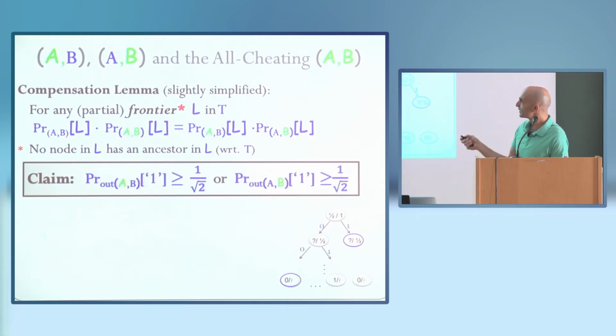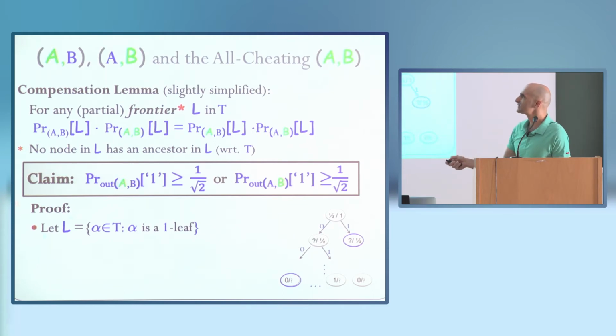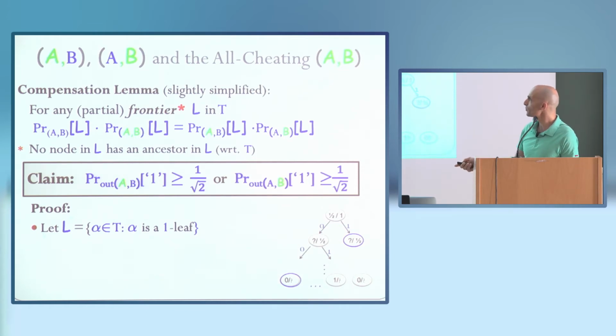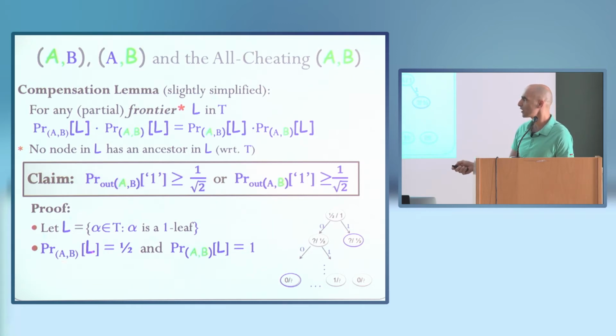So this is the claim that we wanted to prove. We have this lemma, and we define the partial frontier to be the frontier of all 1 leaves. What is the probability of falling into this partial frontier with the all-honest execution? It's 1/2, just by the definition of the protocol. What is the probability of falling there with the all-malicious, all-cheating execution?